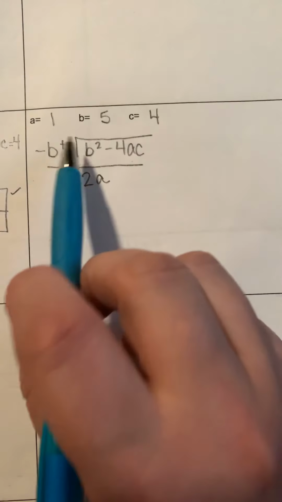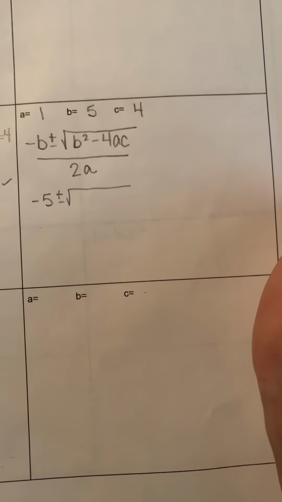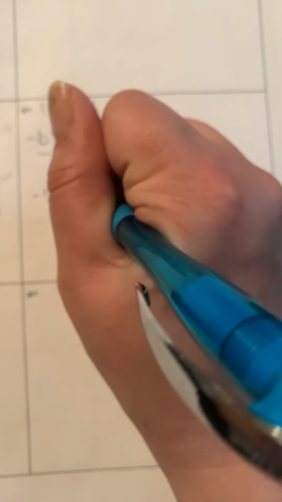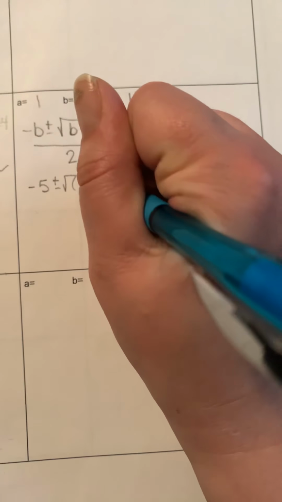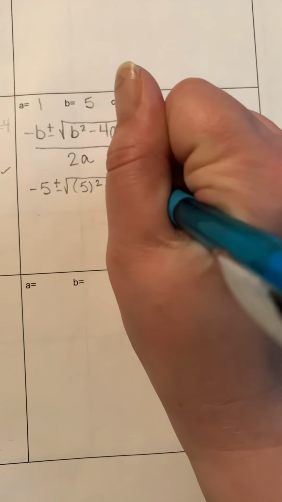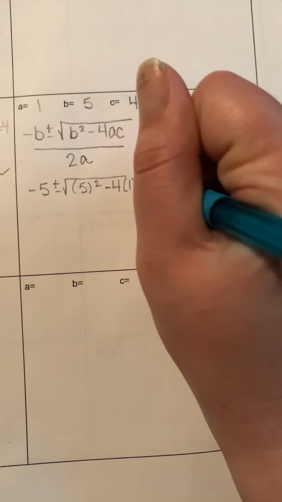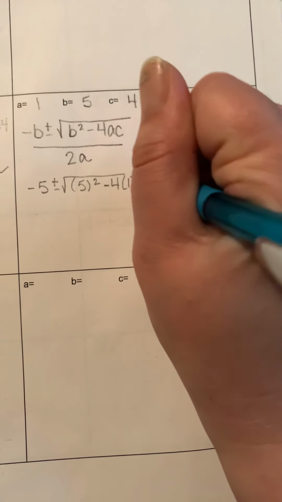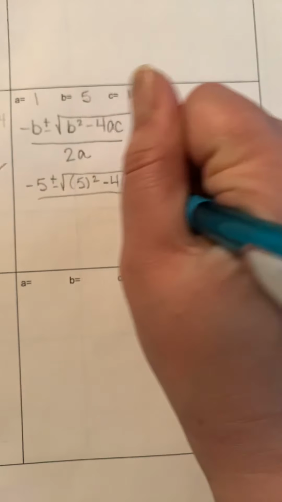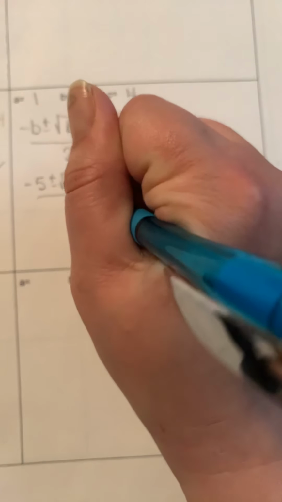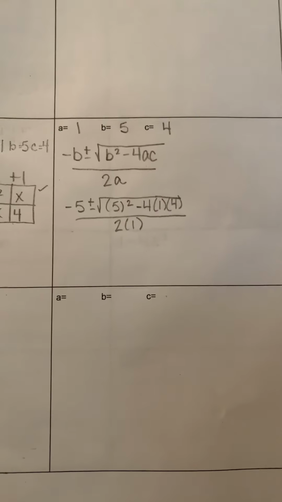Okay, so my b is 5, so the opposite is -5 plus or minus the square root of b squared. So we're going to square 5, put it in parentheses, minus 4 times our a of 1 times our c of 4, all divided by 2a, so 2 times 1.